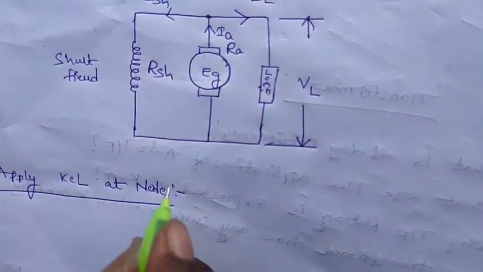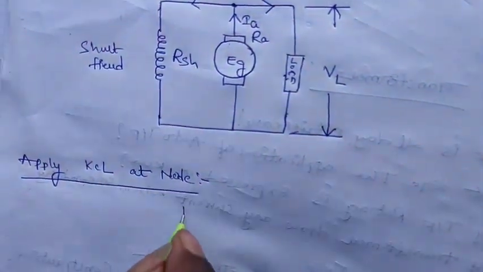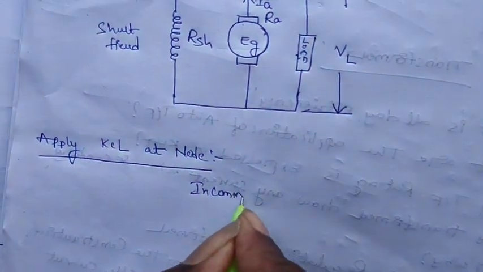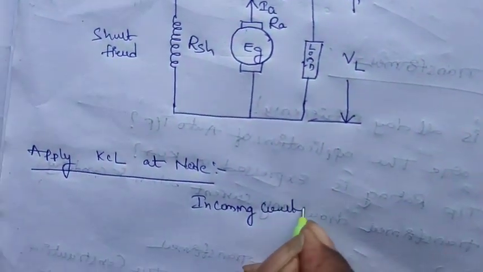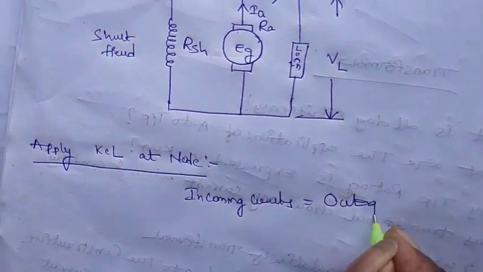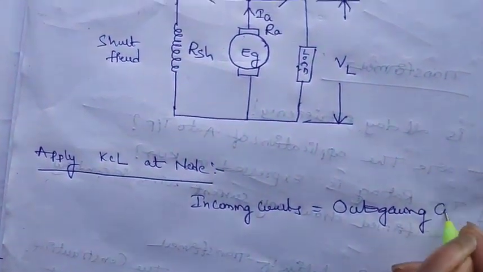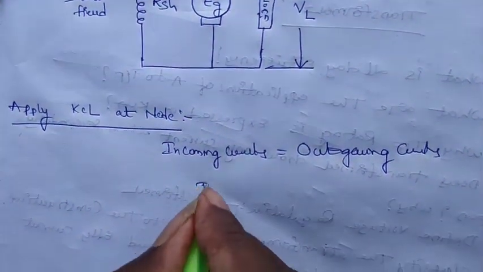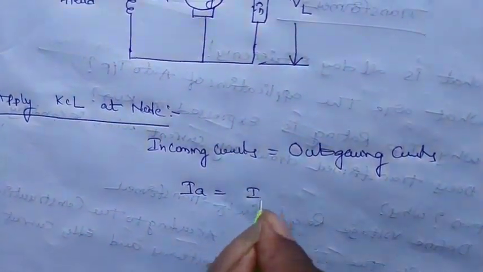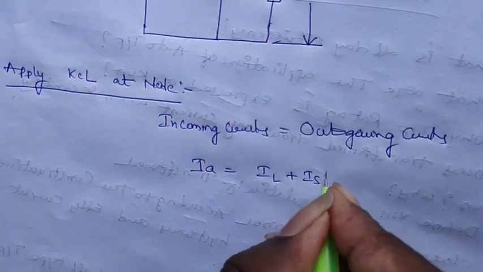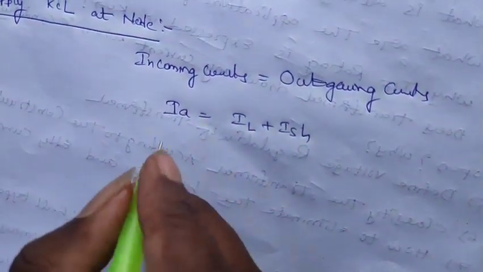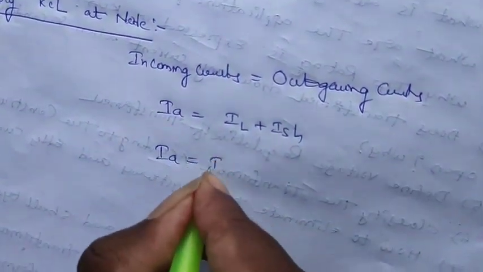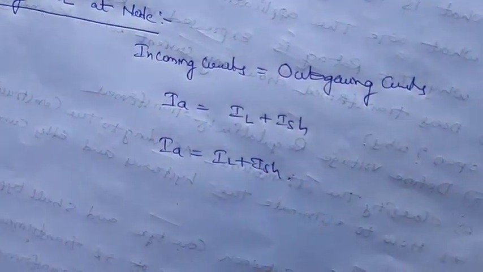So KCL says incoming currents equal to outgoing currents. Incoming current is IA, outgoing currents are IL plus ISH. So here the formula for IA is IL plus ISH.